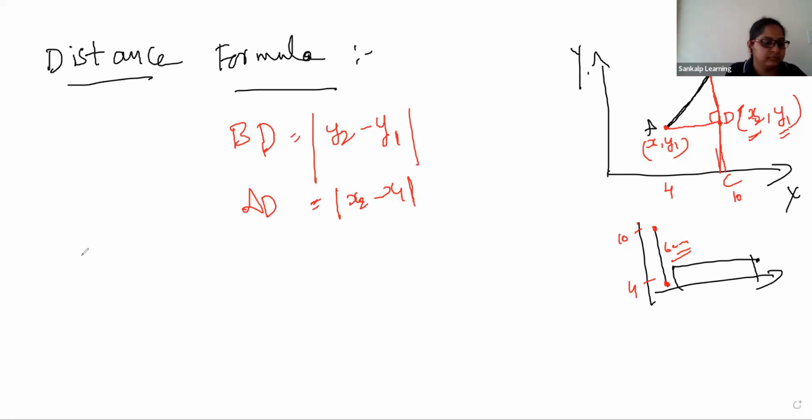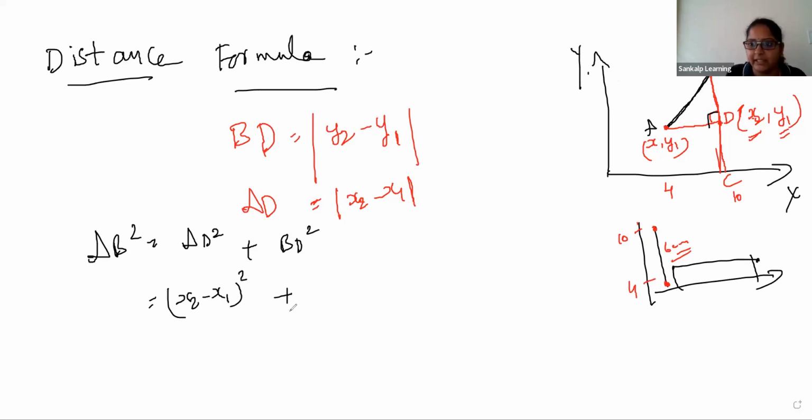And now you know Pythagoras theorem, right? Now which is 90 degree here? D is 90 degree. So hypotenuse is AB. AB square is equal to AD square plus BD square. So what is AD here? x2 minus x1 whole square plus BD is y2 minus y1 whole square.